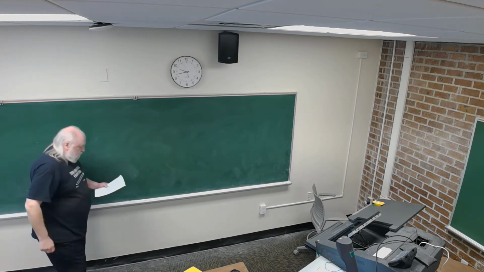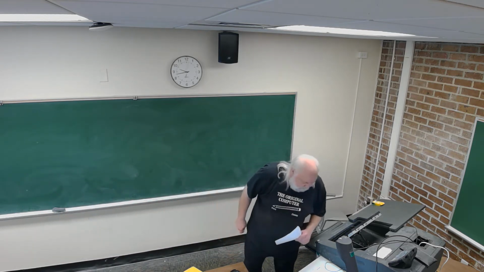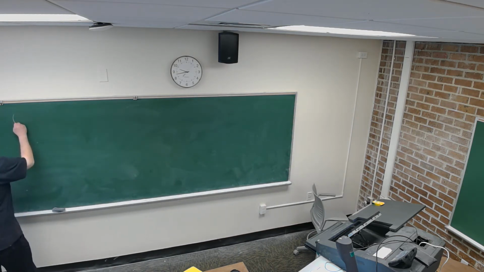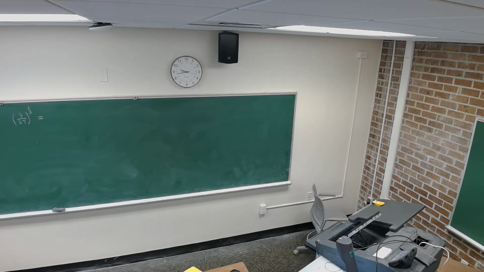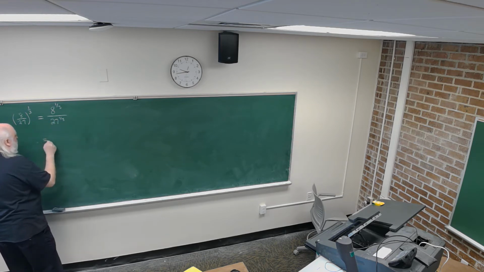So in example 1, we're going to simplify some exponentials. In the first case, we have the fraction 8/27 raised to the 1/3 power. By property 6, that is equivalent to the numerator raised to the 1/3 power over the denominator raised to the 1/3 power.